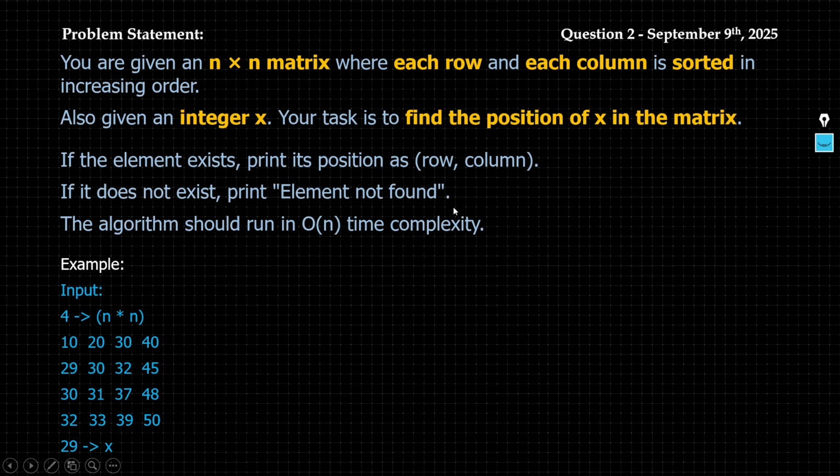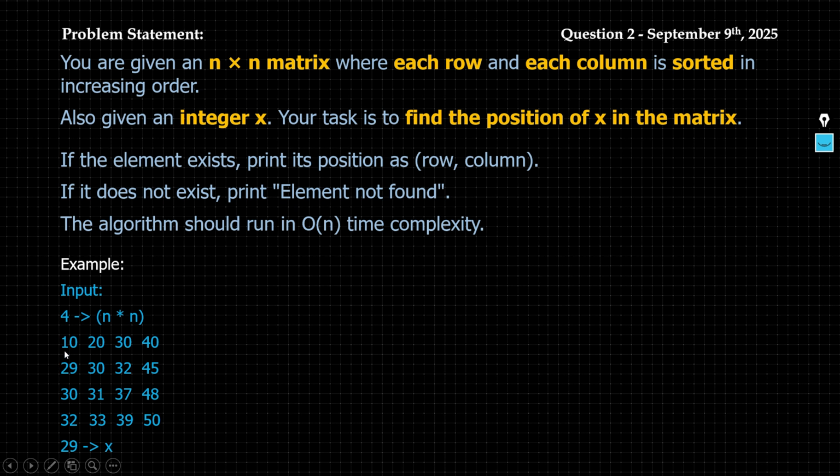Now a lot of candidates think that we can perform a linear search across the 2D array, visiting all the elements at least one time and comparing each element to the searching element. If we find it, we print the particular row and column, and if we are not able to find it, we print element not found. But the catch is the algorithm should run in O of n time complexity.